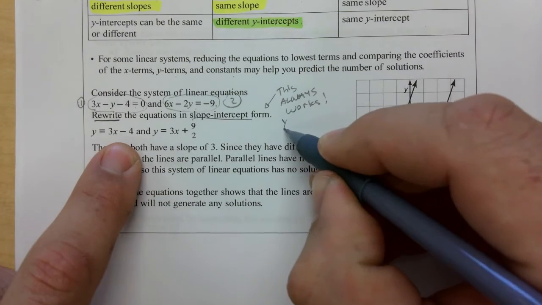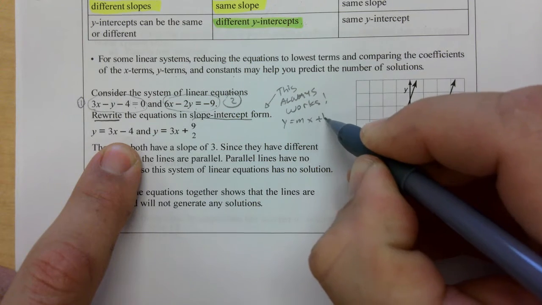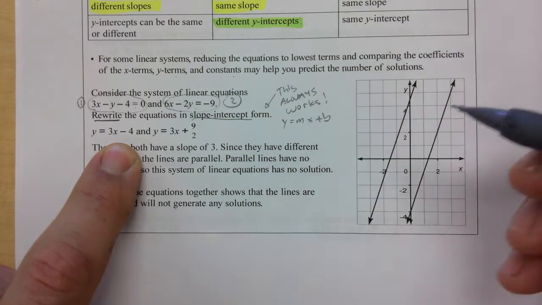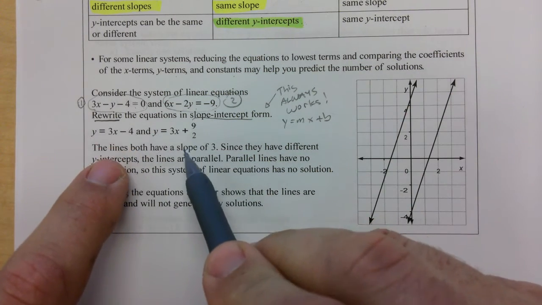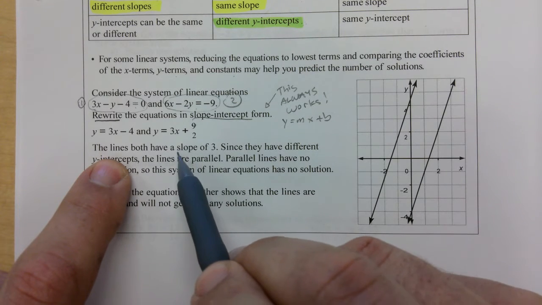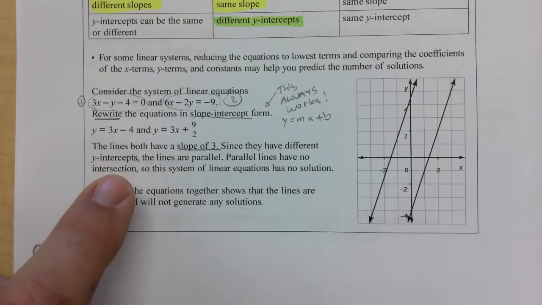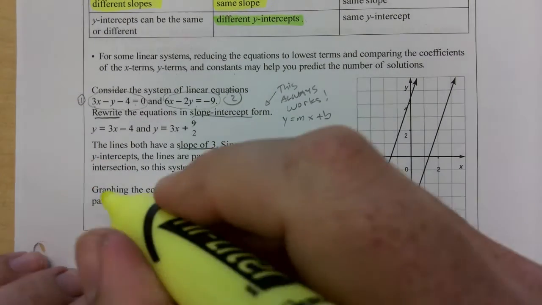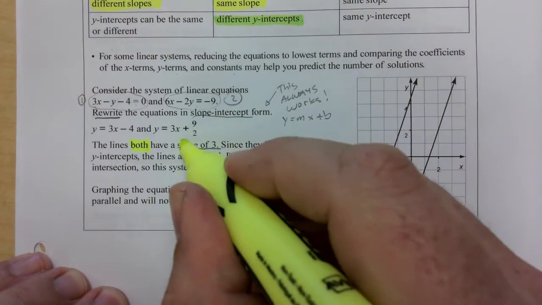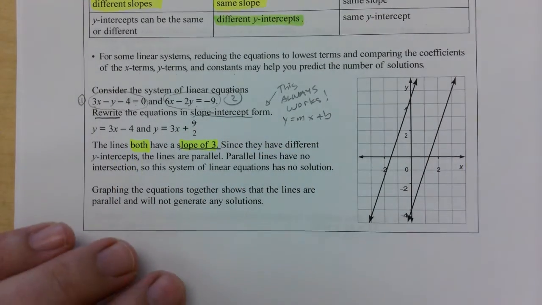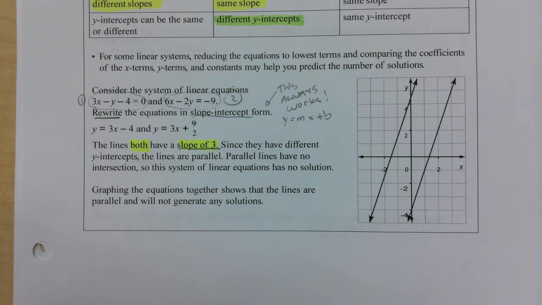If you rewrite in slope-intercept, so you want it in this format, mx plus b, like this, notice that both lines have a slope of 3. As soon as you notice that both lines have a slope of 3, you're either in the category of them being parallel and two different lines that just are parallel to each other, or coinciding lines.